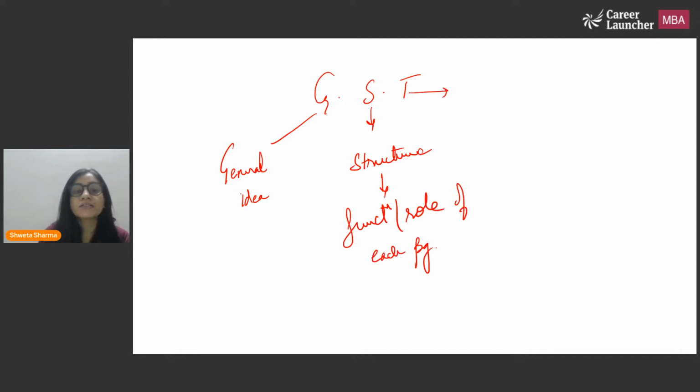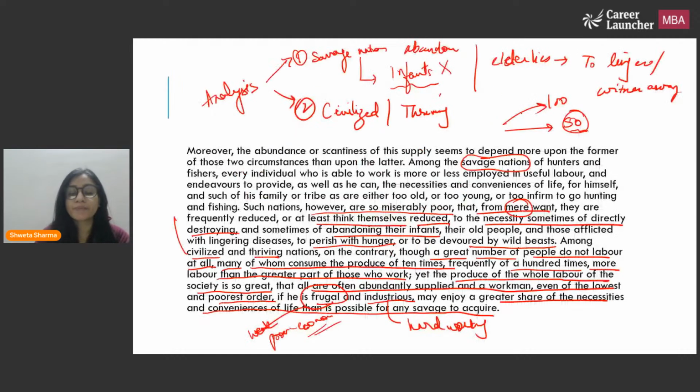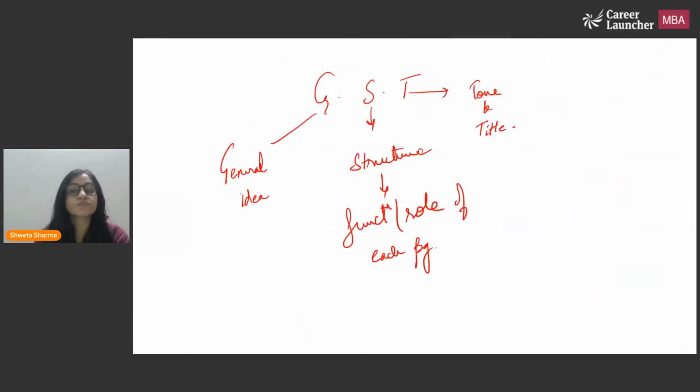And T means tone and title. Before we move to the questions, you're going to help me with the GST of the passage. Giving you 2 minutes, quickly post it in the chat box. Then we move to the questions ahead.